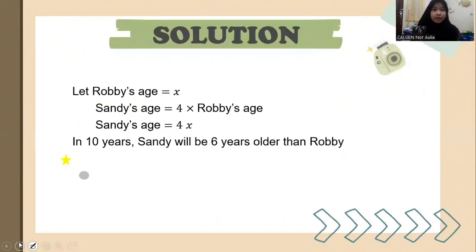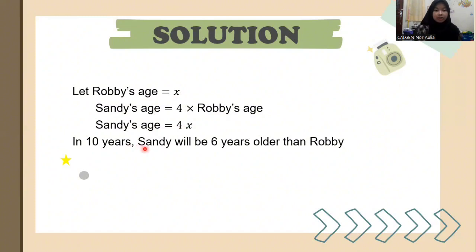So for the solution, let Robbie's age equal x, and Sandy's age equals 4 times Robbie's age, so Sandy's age equals 4x.